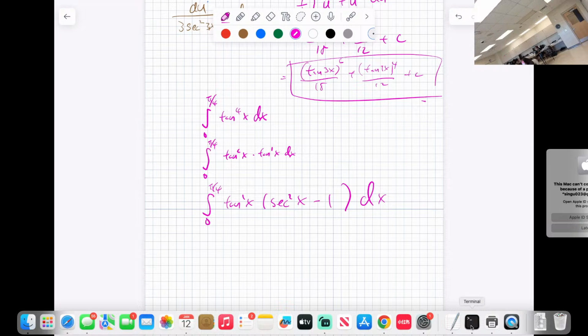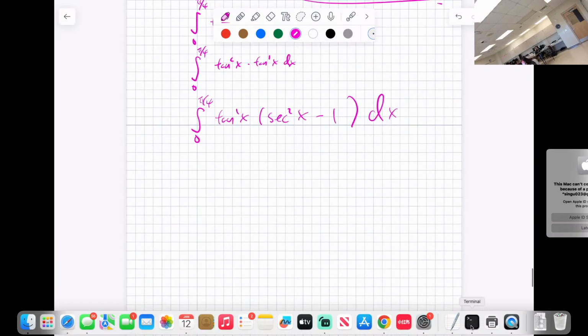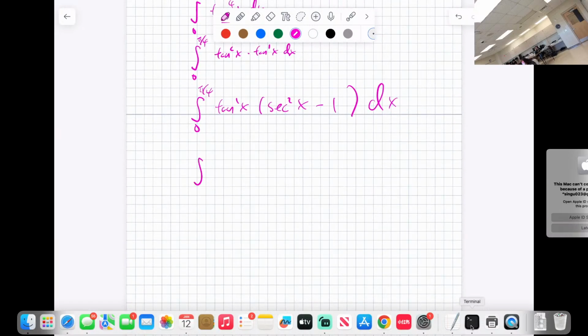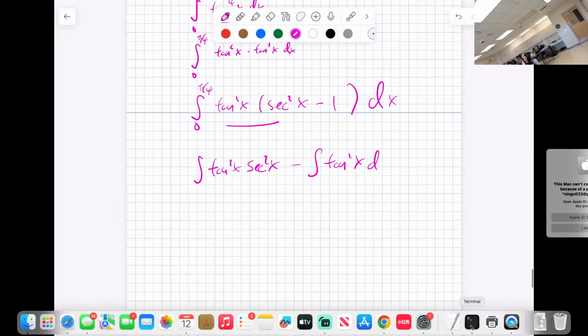So far, I think everybody got this far. Then let's distribute, and just do some math that we can do. So tangent square of x secant square of x, minus the integration of tangent square of x. Think about it, this is something we have done before. What is the integration of tangent square of x?